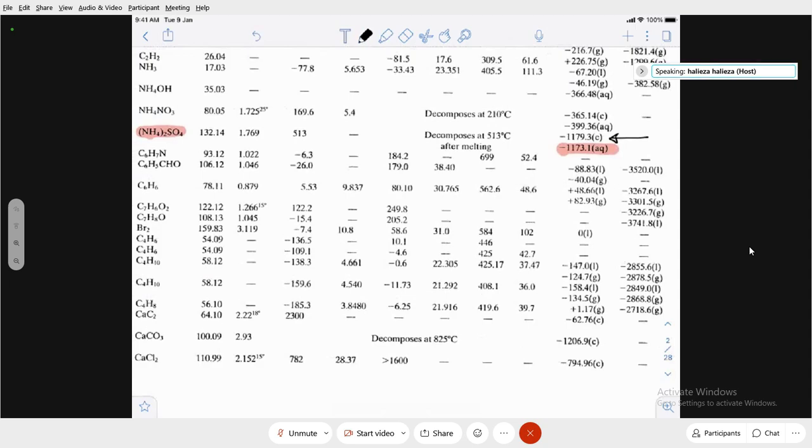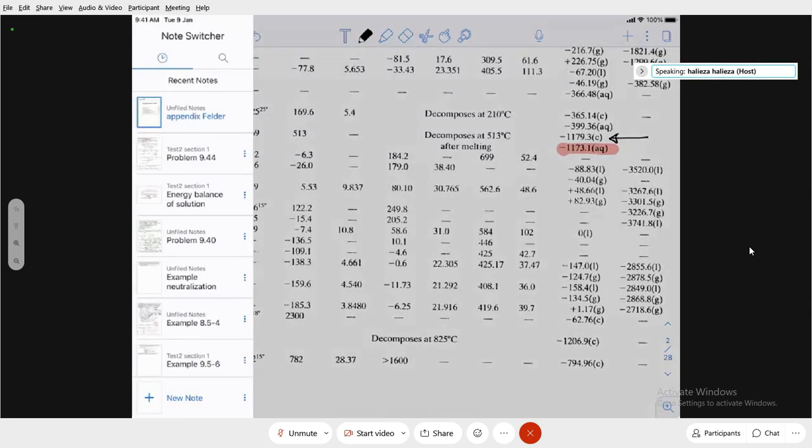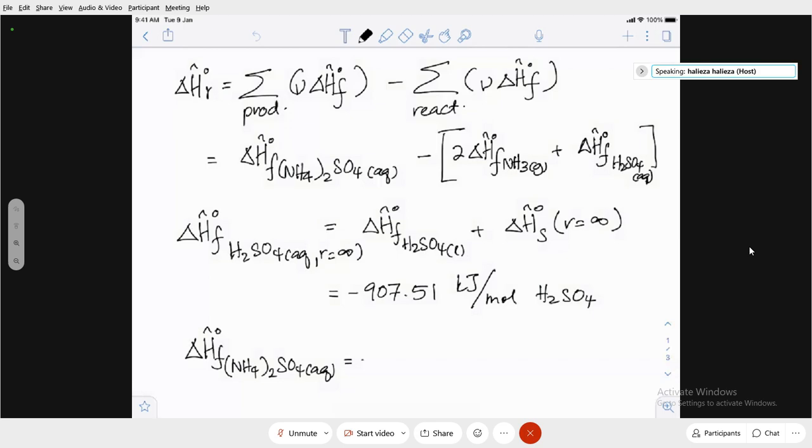So I'm going to write that down in this problem, minus 1173.1 kilojoules per mole of your ammonium sulfate, SO4. Right? So that's done.